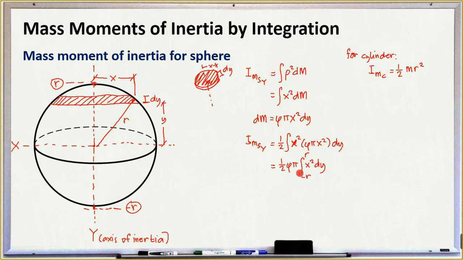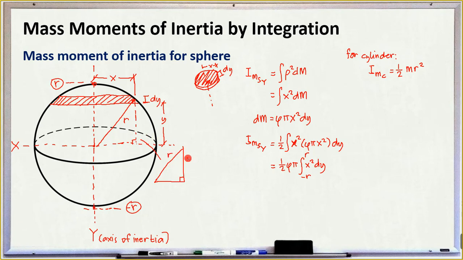Now, our x here is not coherent with our differential coefficient, so we're going to find a relation between x and y. Looking at the figure, we can derive a right triangle.